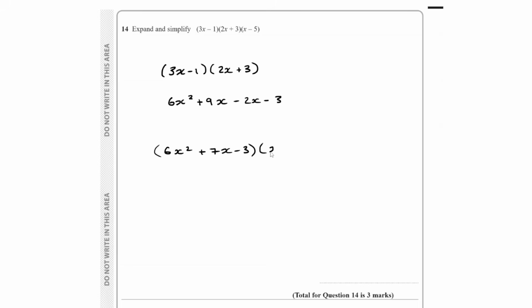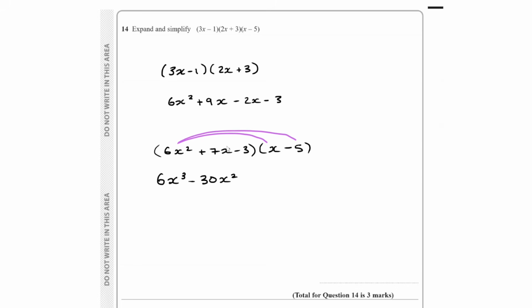Bring back my last bracket that's missing, x minus 5. Then I like to expand it left to right. So the 6x squared, I'm going to multiply by both terms in that bracket there. So 6x squared times x, and then 6x squared times negative 5. So that's 6x cubed first, and then minus 30x squared.